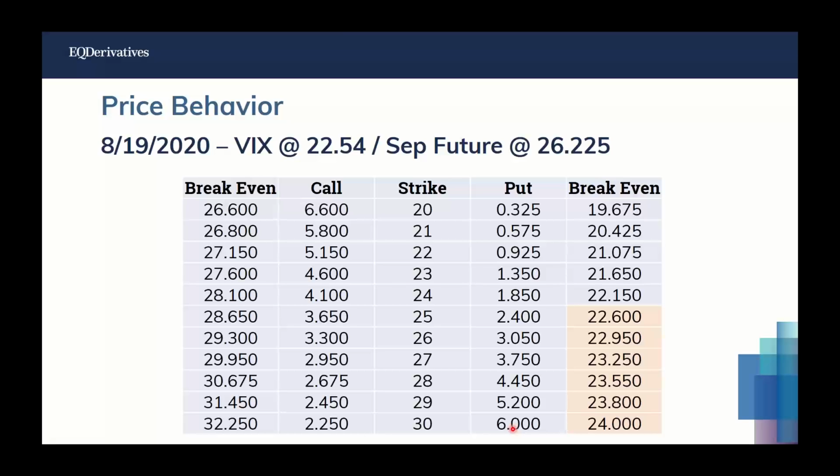the future is going to creep down, and you're going to see this premium move higher. Another way to think about it is that the intrinsic value of this 30 strike option, based on the spot index being at 22.54, is $7.46. So you have kind of negative time value of $1.46.